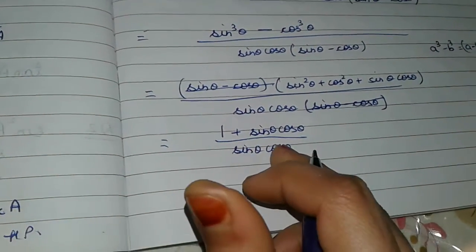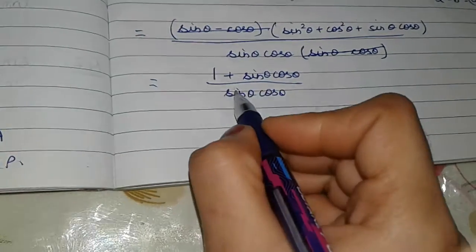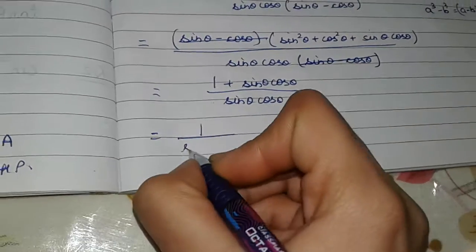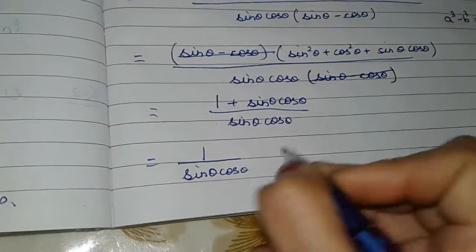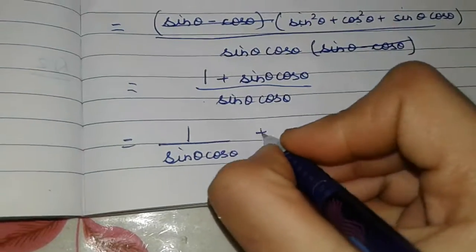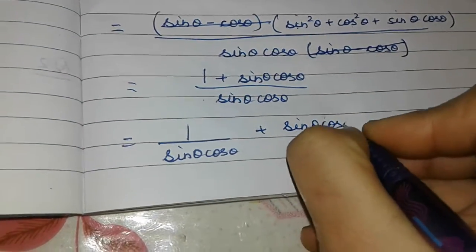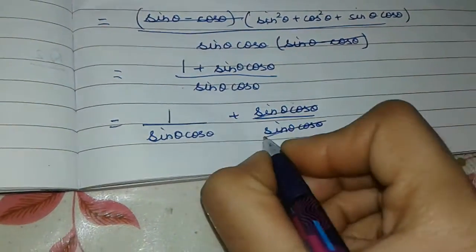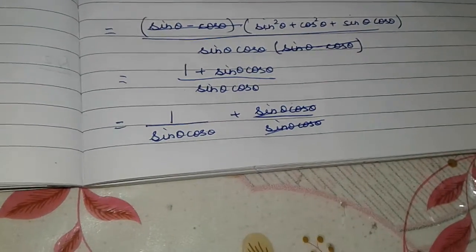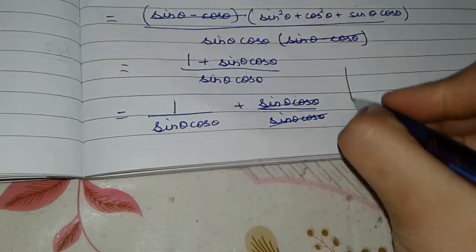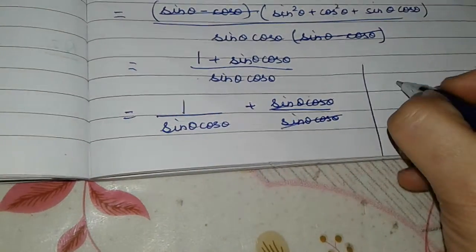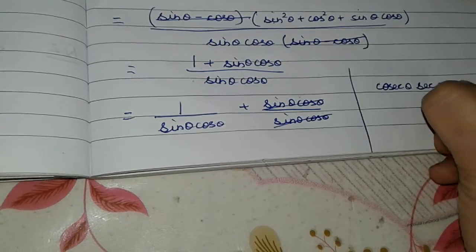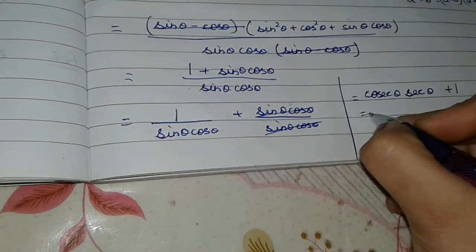Now take this sin theta cos theta to the denominator of 1 as well as to the denominator of sin theta cos theta, and it will be like this, 1 upon sin theta cos theta plus sin theta cos theta upon sin theta cos theta. Now it will be cancelled out and now this 1 upon sin theta will become cosec theta, 1 upon cos theta will become sec theta and here it is 1. It is equal to right hand side, hence proved.